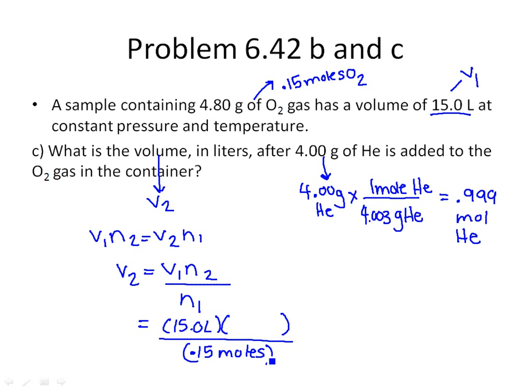So you have to add up both moles to see what your total number of moles is. Here we have 0.15 moles that we started with, and then we added 0.999 moles. You can plug that in, or add those up and then plug them in however you would like.